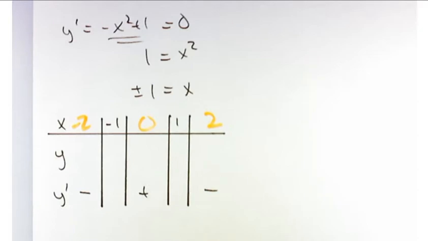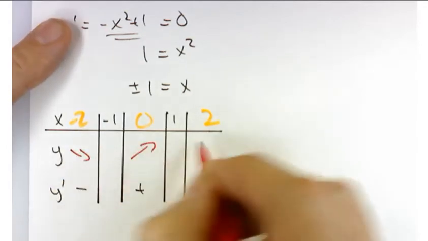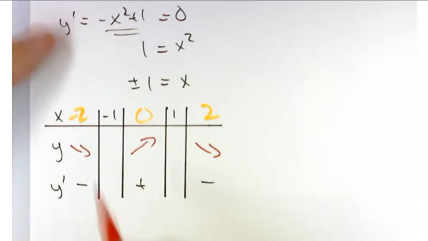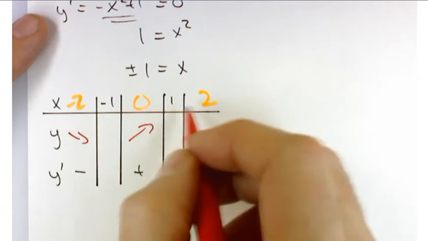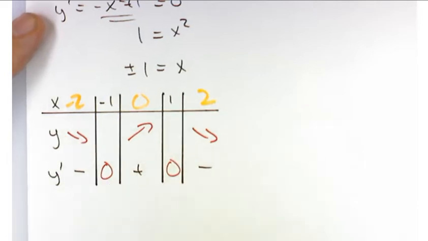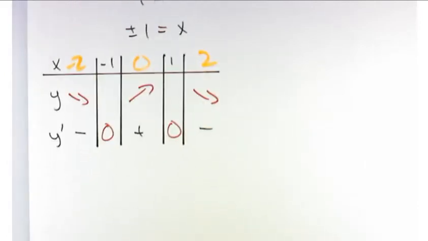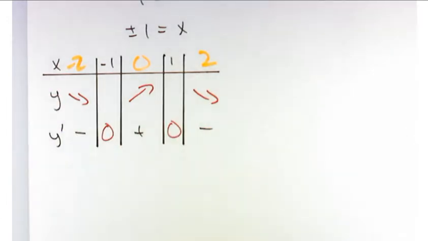What's that telling us about our function? It's decreasing, increasing, decreasing. Let's use this little chart here to determine some of the nature of our points at negative 1 and 1. Now the derivative is 0 here and here. That means these are critical points. Interesting things usually happen at critical points. What kind of a critical point is negative 1? What's happening at the graph there?